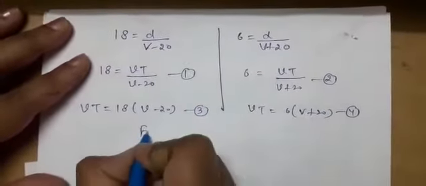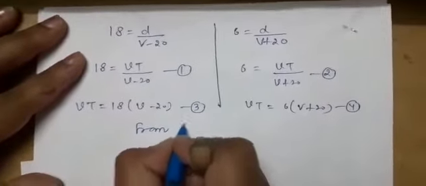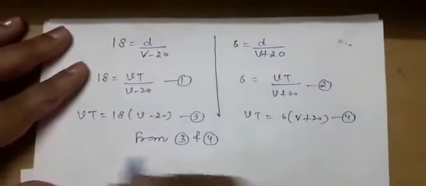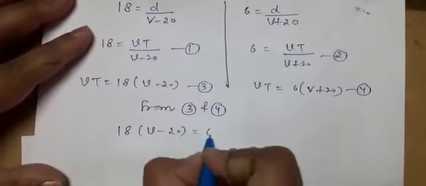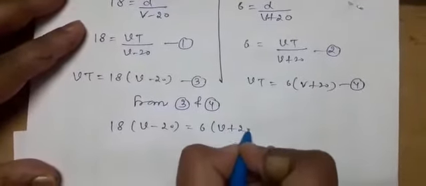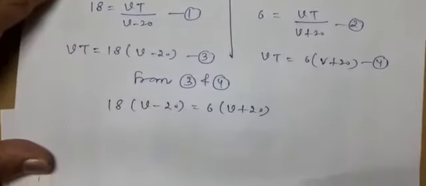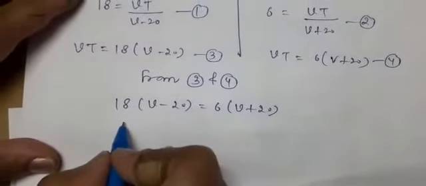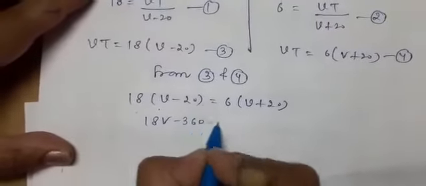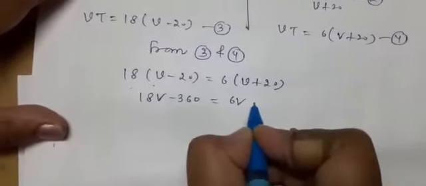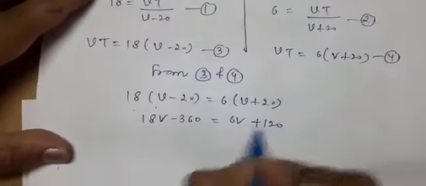Now as the left hand sides of both the equations are identical, 18 into V minus 20 will be equal to 6 into V plus 20. Now simplify it. 18 into V, that is 18V minus 360, equal to 6V plus 120.